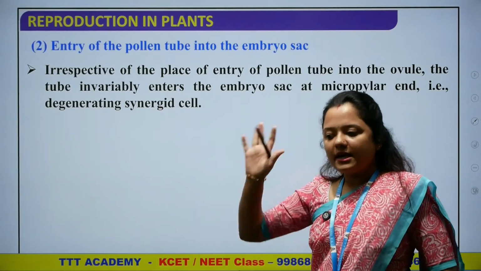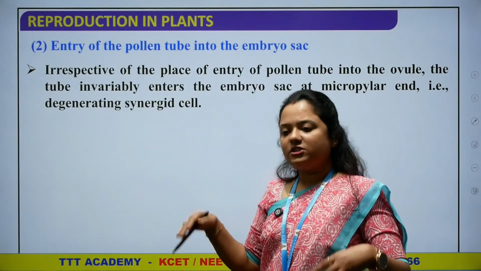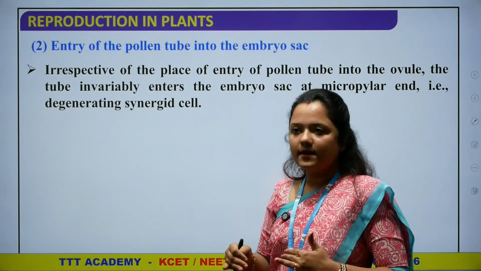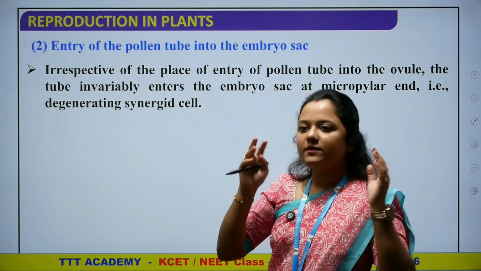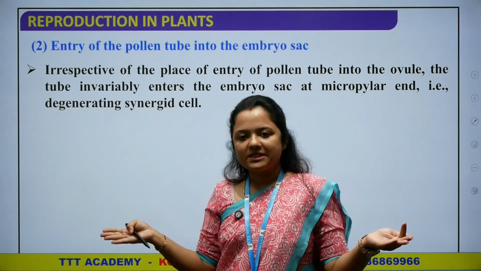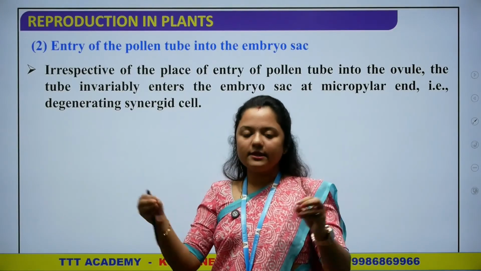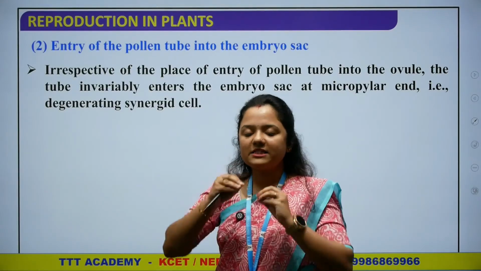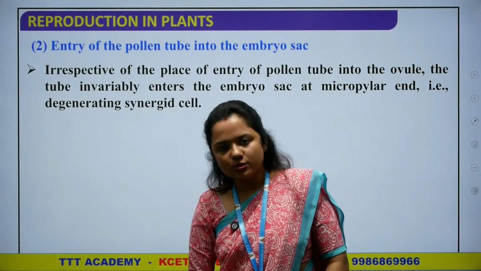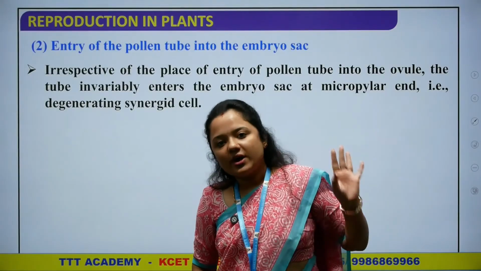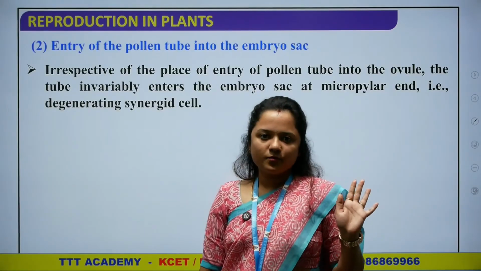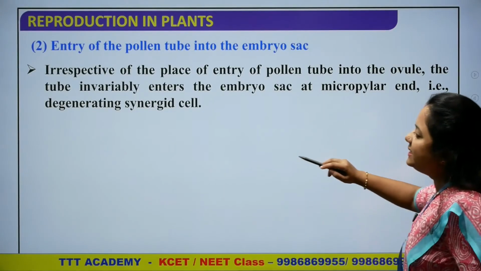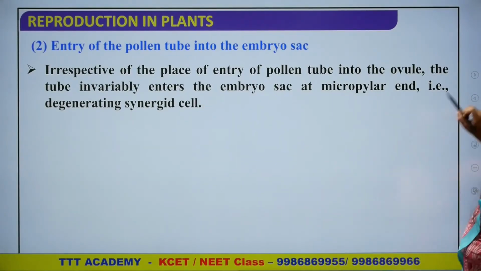Whether the entry is from the chalazal end, or the micropylar end, or the opposite side of the micropylar end, or somewhere central, irrespective of the direction of the entrance of the pollen tube, it should finally enter at the micropylar end. There it will degenerate the synergid cells.